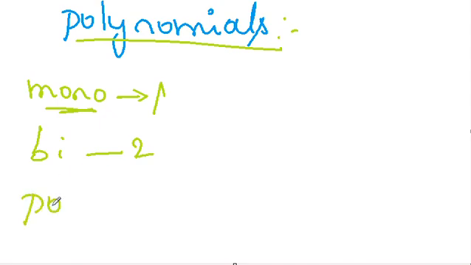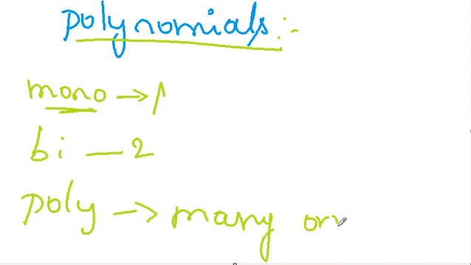And polynomial, poly, means it contains more than two terms, which are called polynomials.